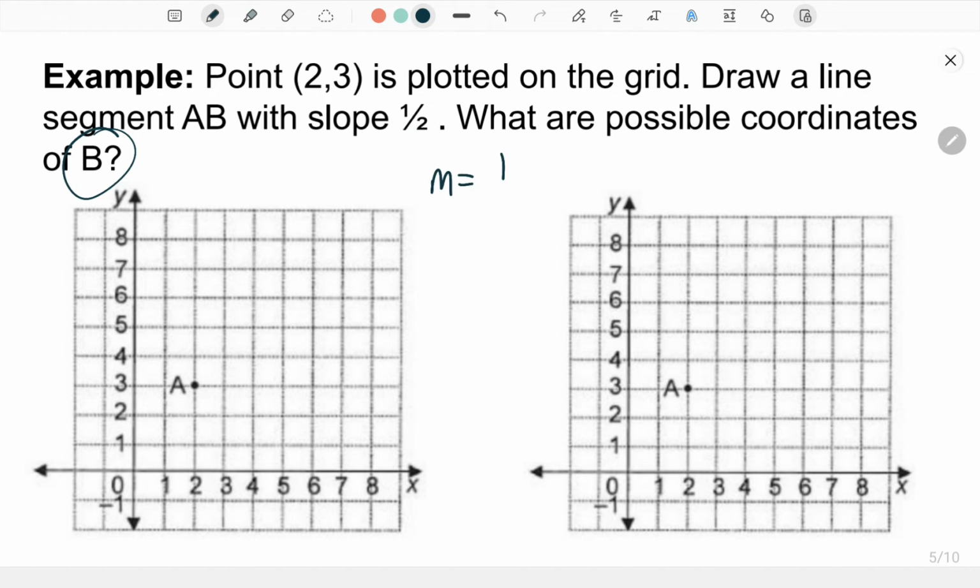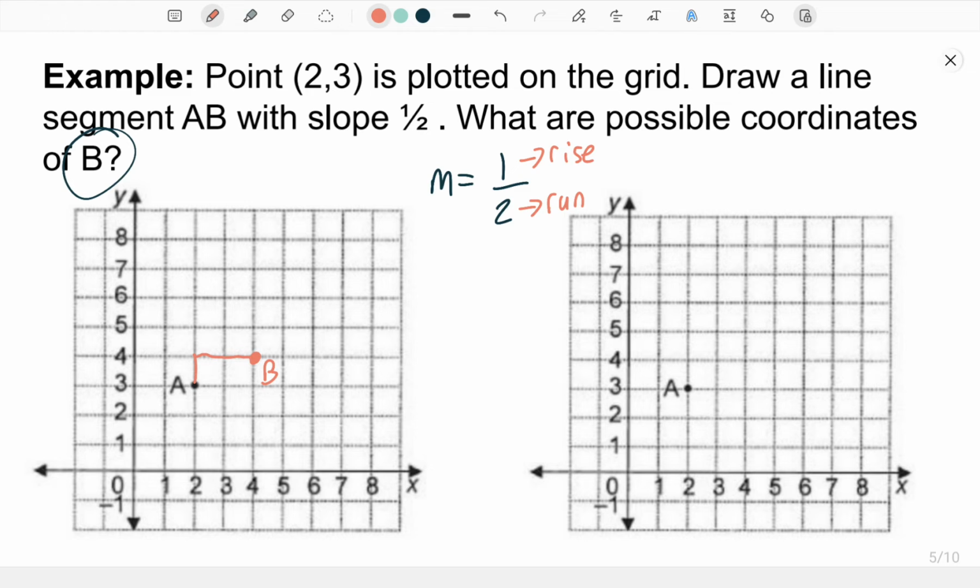If we have a slope of 1 over 2, that's 1 rise and 2 run. So we could just draw that onto our graph. Let's start with the left graph here. You could go up 1 and go across 2. And where we just arrived must be another point on that particular line. So we can label that as coordinate B.